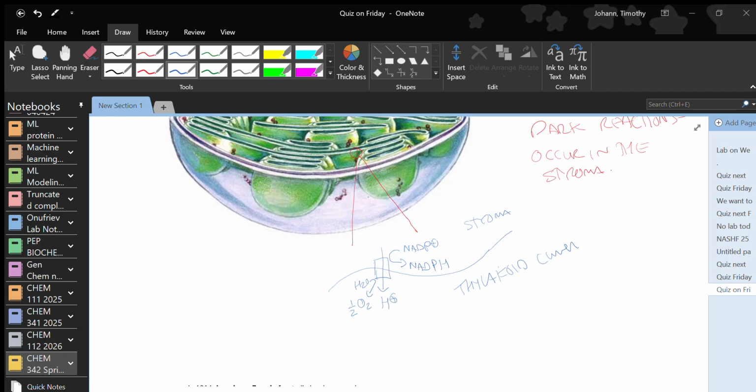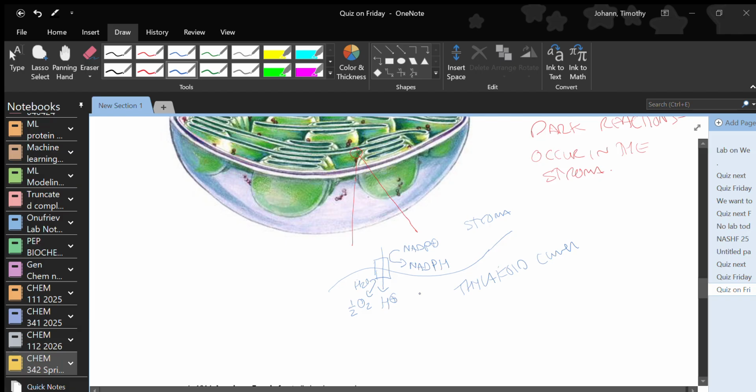So that's a good thing. And then we've got a proton gradient made by pumping these protons through, and then also you're going to be making things in the stroma. So that's the place that you want to let these protons come back through your ATPase. And you want to make ATP in here as well.